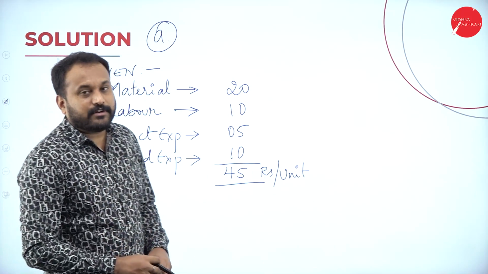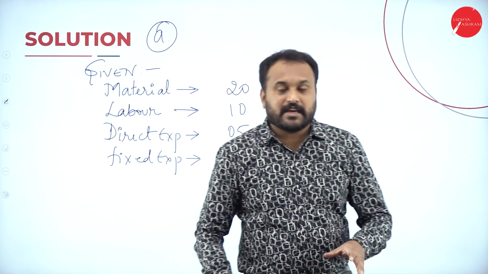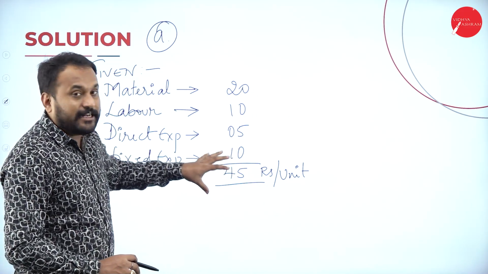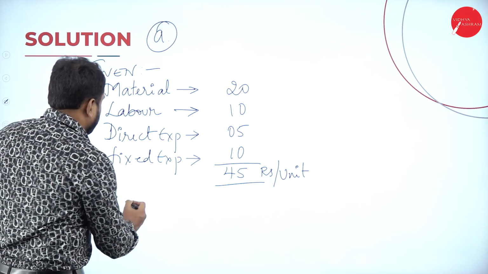But we know that whenever we go for any decision of make or buy, when it comes to the make decision, we will not include fixed costs. So you'll write here.